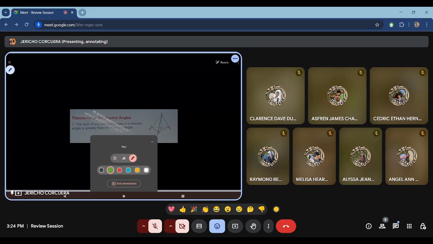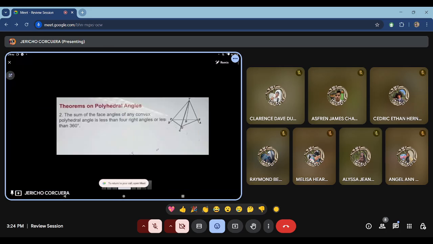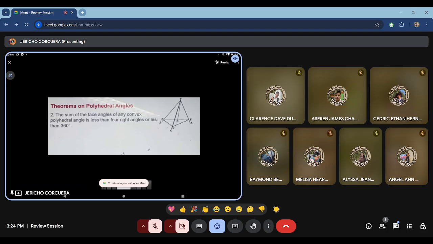Next, we have another theorem. The sum of the face angles of any convex polyhedral angle is less than 4 right angles, or less than 360 degrees. You can see that convex polyhedral angle. If you know convex is regular, it has the same length and same angle measure. So that goes the same with the polyhedral angles.